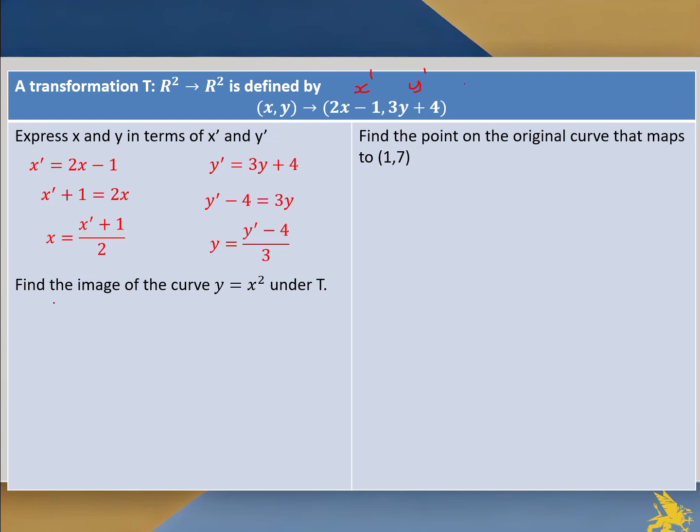So now we have to find the image of the curve y equals x squared under t. So this is where we need to know that this is going to be on my left-hand side and this is going to be on my right-hand side. Because normally, a normal equation, we would have y is equal to x squared.